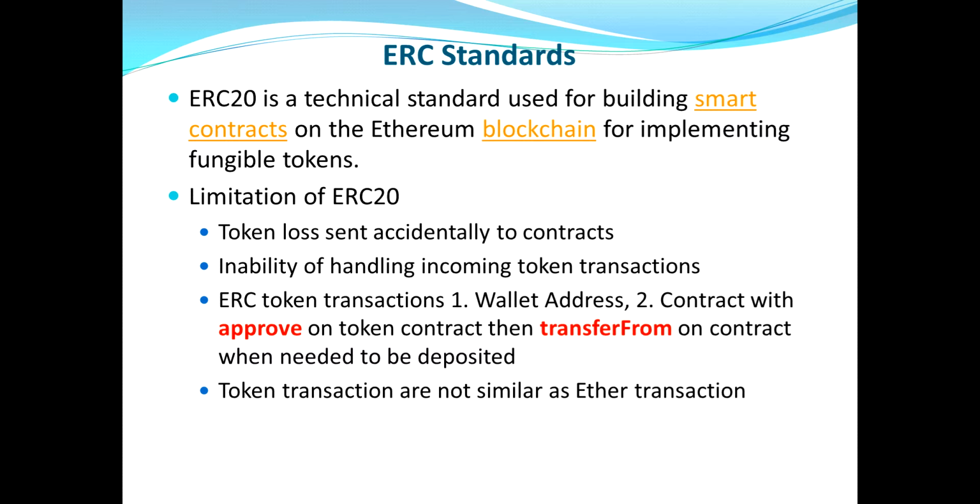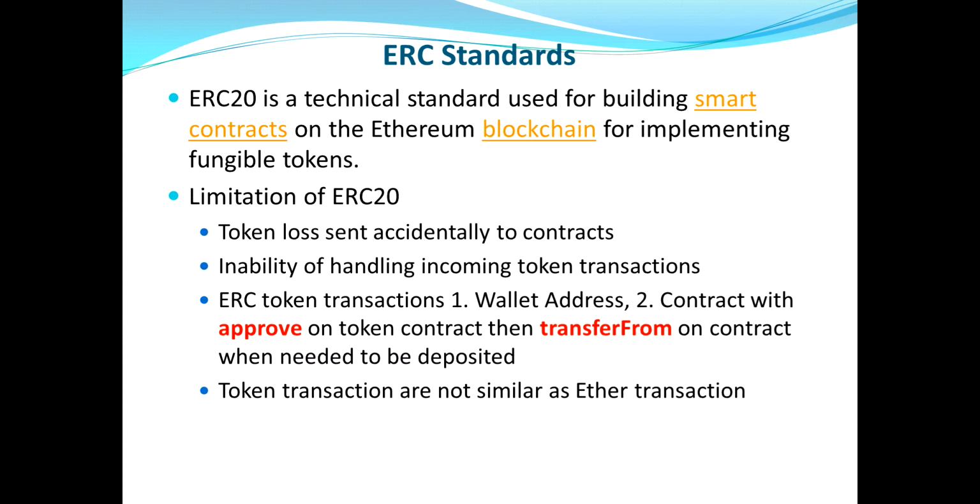So what happens when you want to allow someone else to transact on your behalf? First you have to approve it, and then you have to transfer from, right? So the tokens which you want to approve and give to someone else, so that he can do some transaction with those tokens on your behalf.